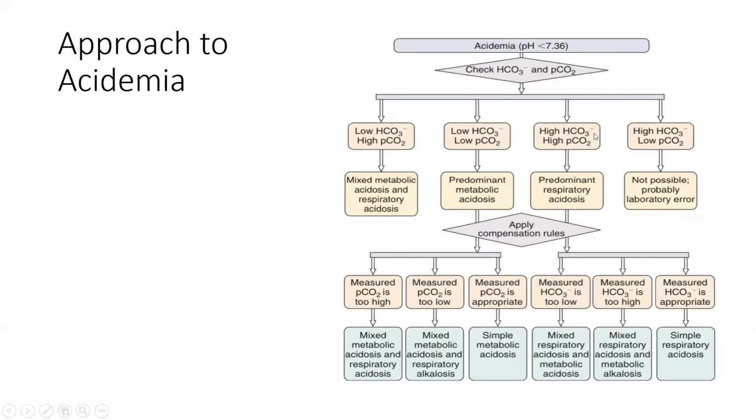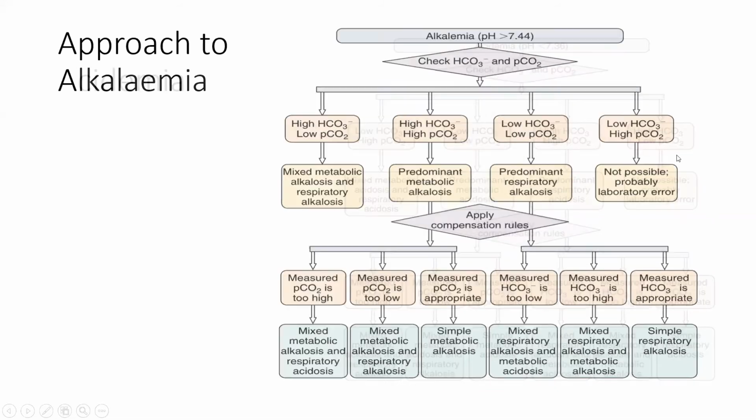But if you have a high bicarb, low pH, and high PCO2, then this is a predominant respiratory acidosis, and you can apply your compensation rule as well. And then for a high bicarb and low PCO2, probably this is a lab error, which is unlikely. Okay, and then this is the summary of alkalosis. If the pH is high, look at your bicarb and your PCO2.